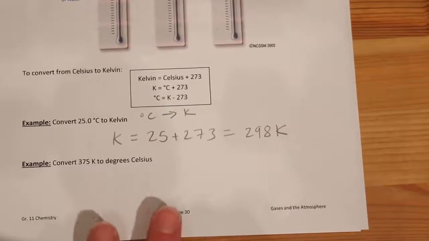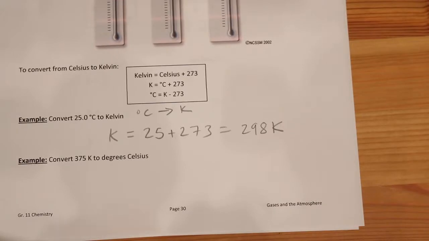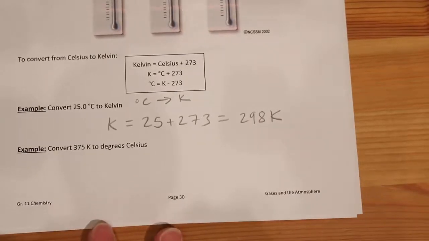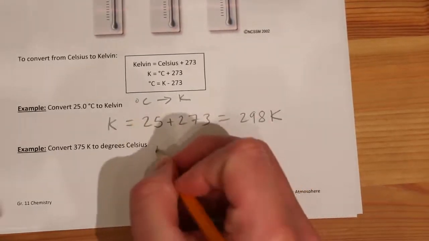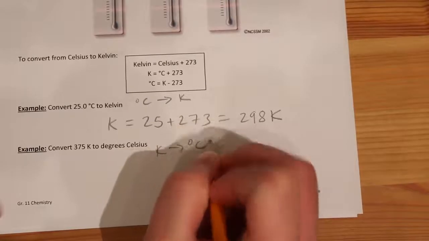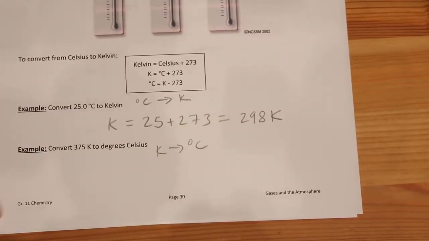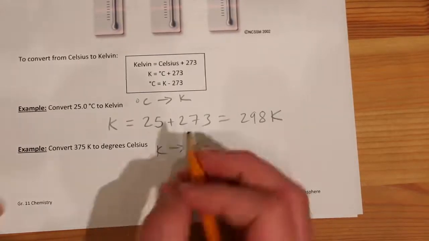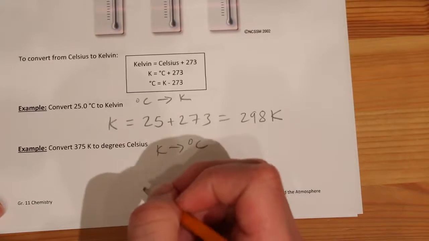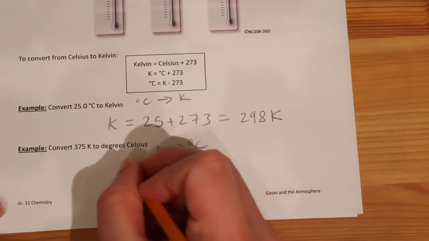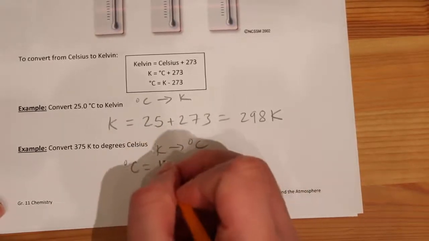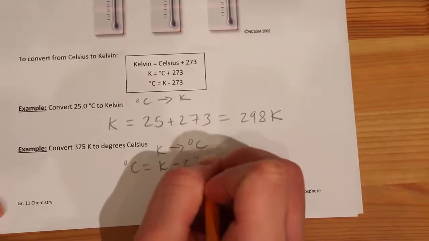Now let's look at the reverse process. It says convert 375 Kelvin to degrees Celsius. Okay, so this time we're going from Kelvin to degrees Celsius. So what we're going to do in this case is subtract 273. So degrees Celsius equals K minus 273.